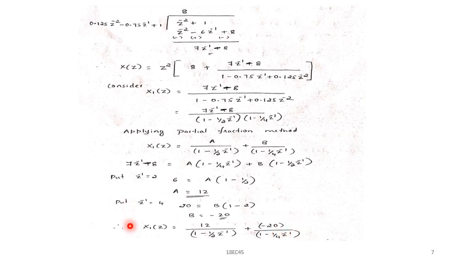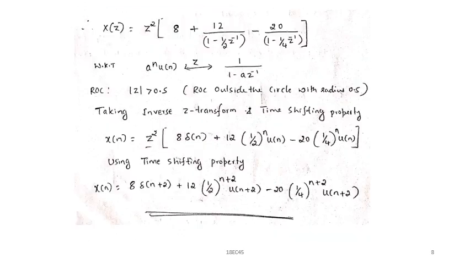I'll substitute this X1 of z in the X of z equation, then later I'll obtain the inverse transform. So X of z is equal to z square into 8 plus 12 divided by 1 minus 1 by 2 z inverse minus 20 divided by 1 minus 1 by 4 z inverse.